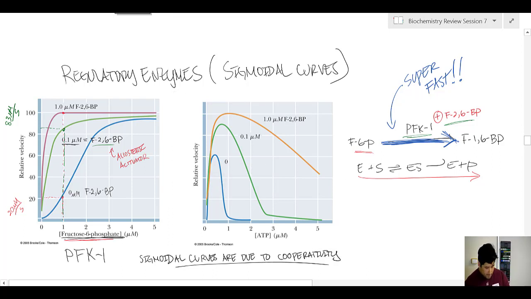All right. So we've just talked about an allosteric activator, and now we're going to talk about an allosteric inhibitor. Okay, so let's look at the blue line again. This right here represents the velocity of PFK1. What is PFK1? What enzyme is that?